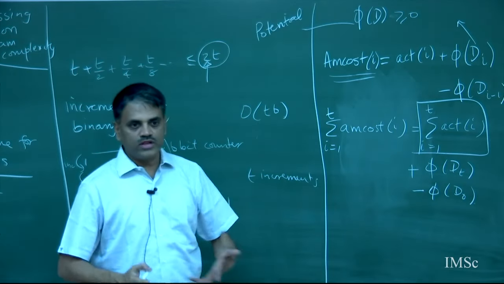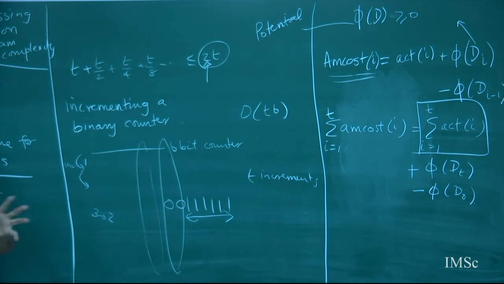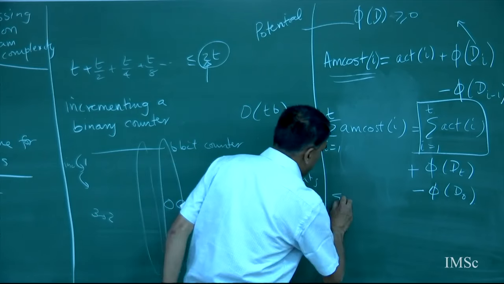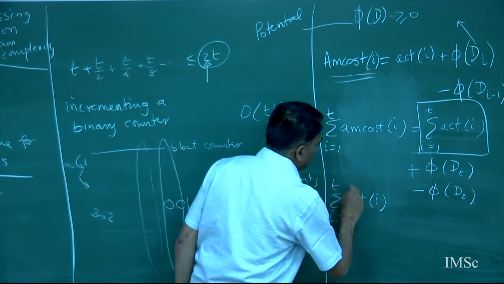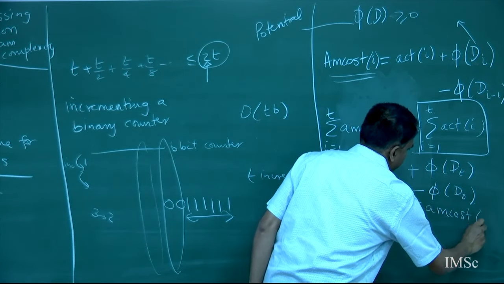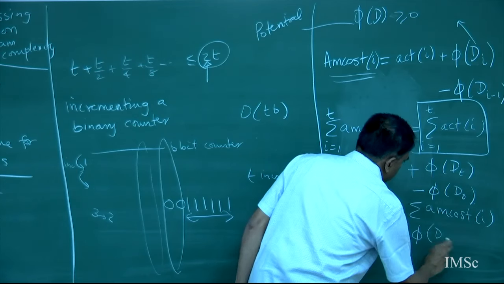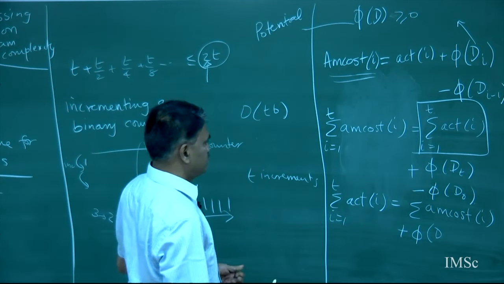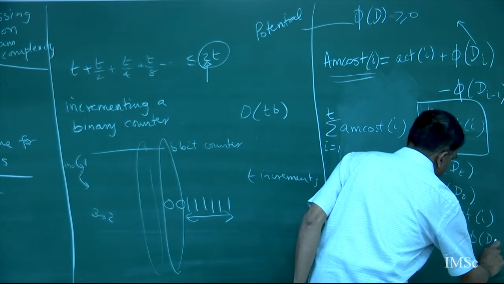Now my interest is this: I really care about the actual total time. Amortized cost is something I brought in to do my estimation. So the summation of actual cost plus the final potential is equal to the summation of amortized cost plus the initial potential.